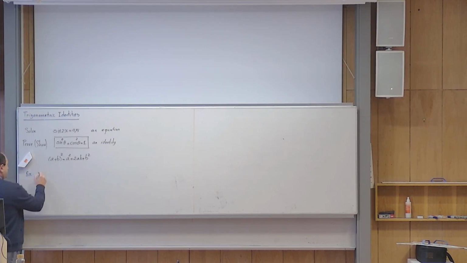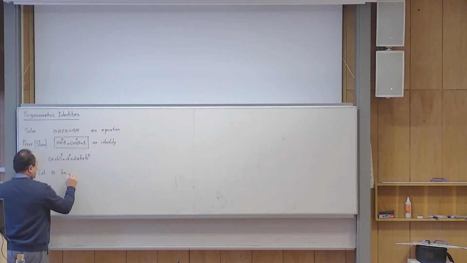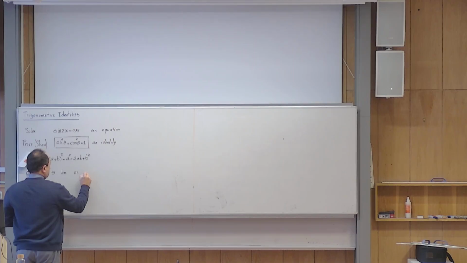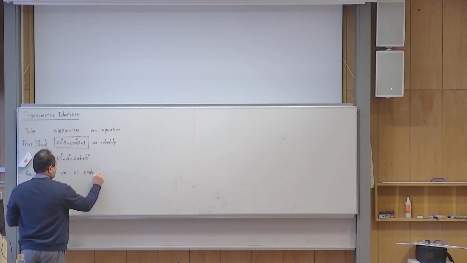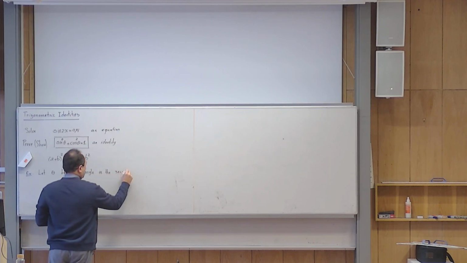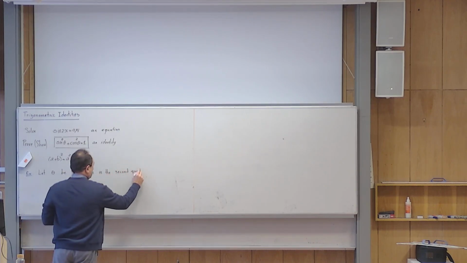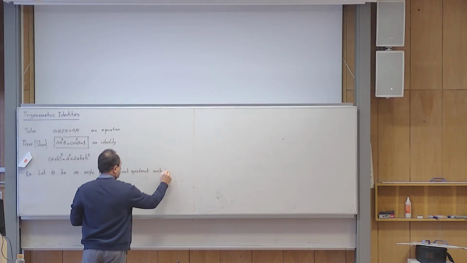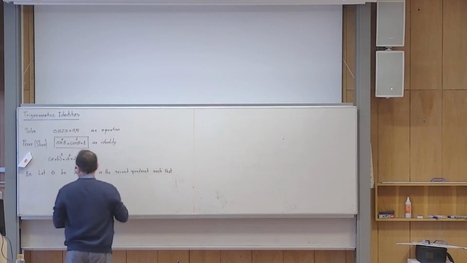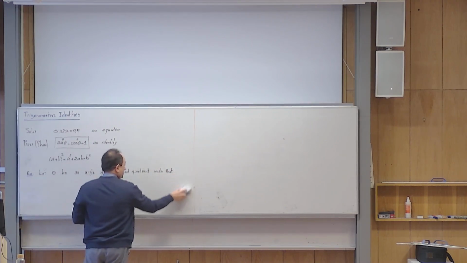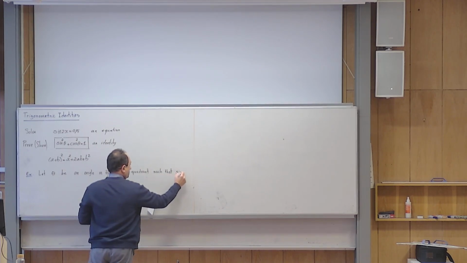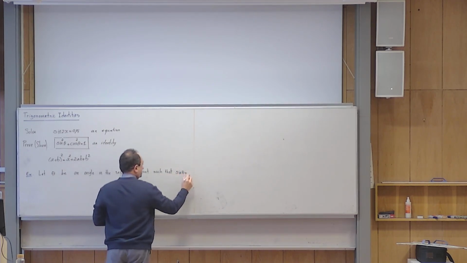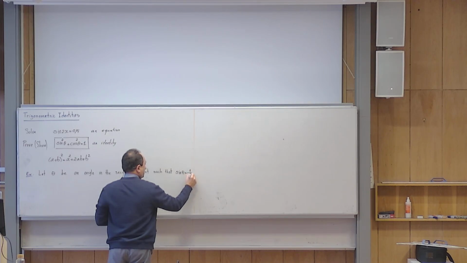Let theta be an angle in the second quadrant such that sine theta is minus 1 over 5.